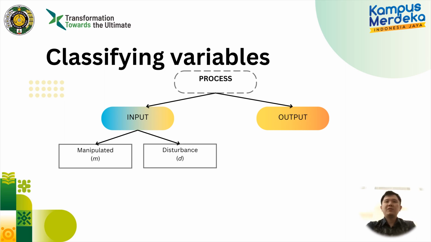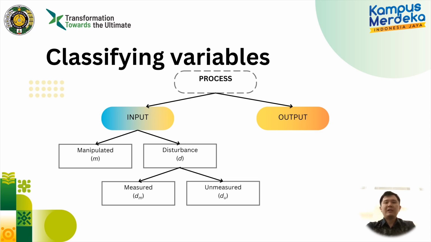Next, disturbance variables. They are not adjusted by an operator or a control system. Instead, their values fluctuate due to factors we do not control. Based on direct measurability, disturbances can be further classified as measured disturbances and unmeasured disturbances.